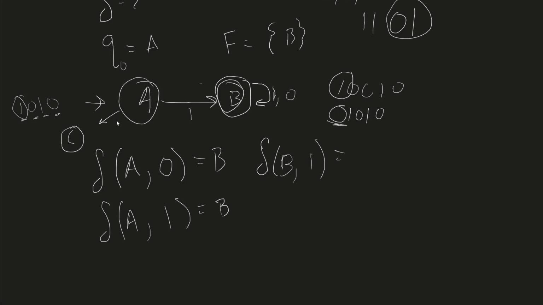C will be our dead state, and at input 0, it goes to the dead state. And then it loops at 0. But we want to disregard the entire string, right? Because it needs to begin with 1. So we can do 0, 1. So this entire string will be rejected because it's looping out over here, 0, 1, 0, 1, 1, 0. And this string will go 1, 0, 1, 0, and get accepted.